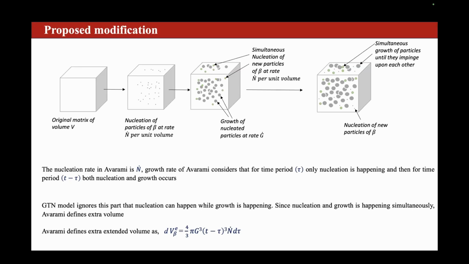So whenever the initial volume of matrix was V and growth of beta particles is there to increase the volume, he defines the extended volume with this expression, where n dot is the number of nuclei per unit volume per unit time that is occurring, and G is the velocity of those voids that are growing.